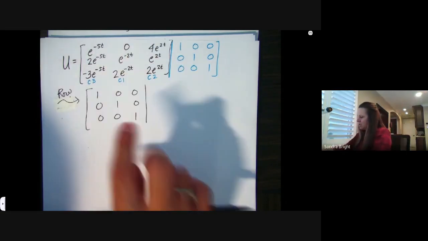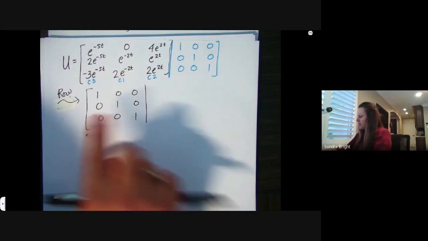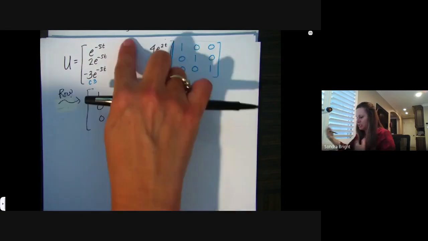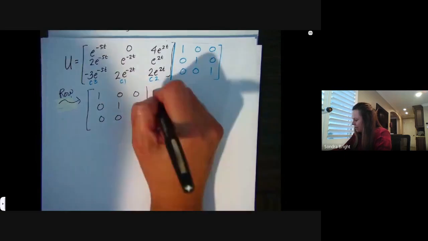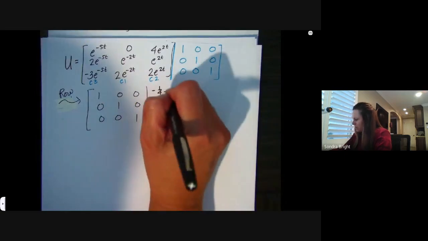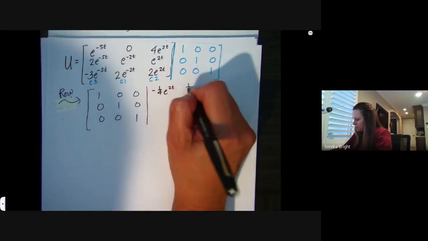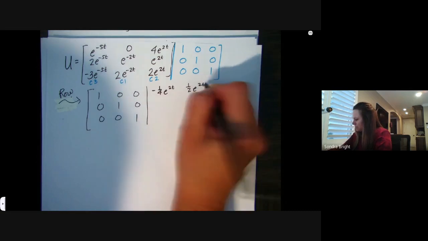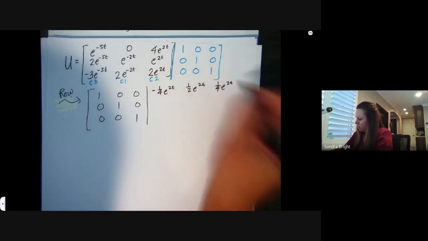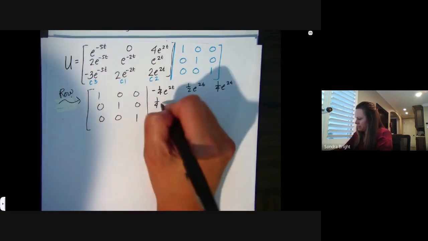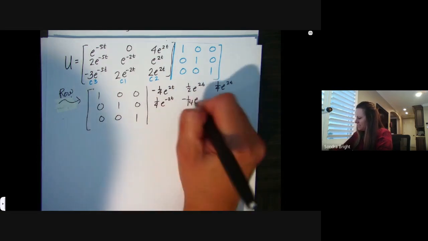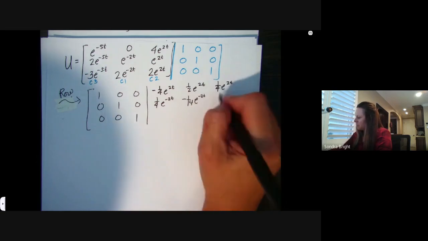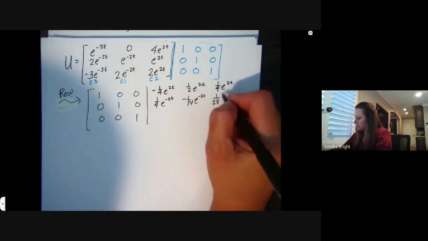If you have this as column 1, this as column 2, and this as column 3, and do a bunch of row operations, you should end up with a -1/4 e to the 2t, a 1/2 e to the 2t, a 1/4 e to the 2t, a 1/4 e to the -2t, a -1/14 e to the -2t. None of you are probably going to work it out because it was a lot of work.